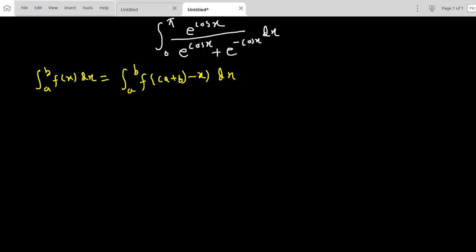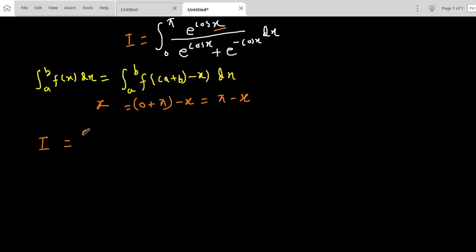So here we are going to replace x with 0 plus pi minus x, which is pi minus x. So let us take I as the integration.